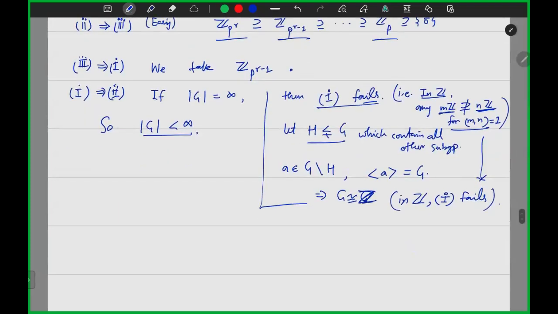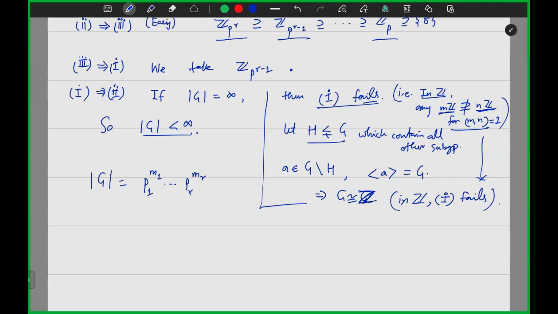Now, what about if the order of G is p_1^{m_1} times and so on up to p_r^{m_r}? Same thing we have to solve.